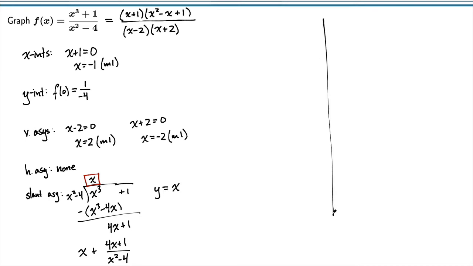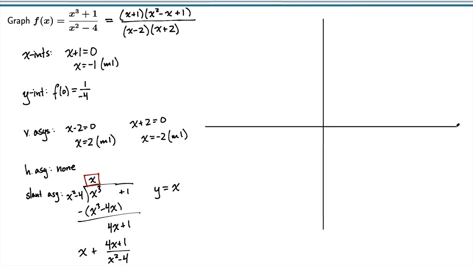Let's go ahead and graph now what we have. We have an x-intercept over at negative 1. So there's a negative 1. I've got that point there. We have a y-intercept of negative 1/4, which is about right there. We have a vertical asymptote over at x equals 2.